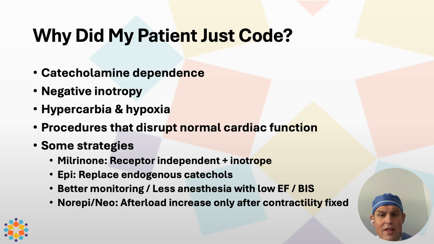So use less anesthesia with these low EF patients. Consider BIS. I run them regularly at a half MAC, sometimes even less in really, really sick patients with a BIS or adding some Versed to it. And then only use norepinephrine or phenylephrine to increase afterload after contractility is fixed.